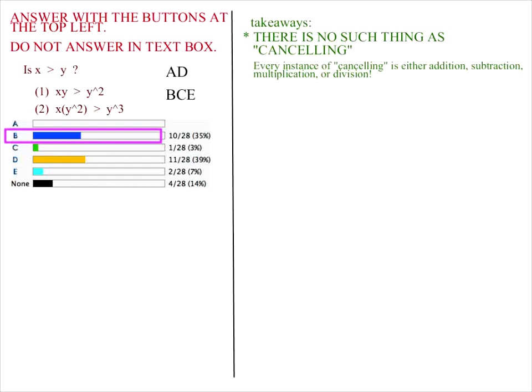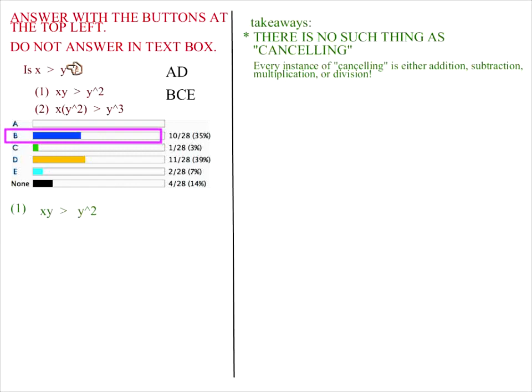Take a look at statement 1. Statement 1 starts out with xy is greater than y squared. Please type in the text box, what operation are you doing to this in order to produce x and y? You have to do division, right?